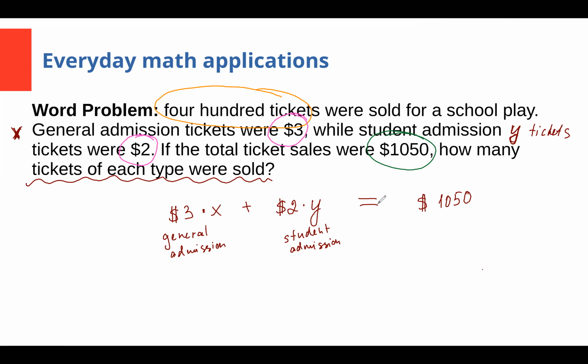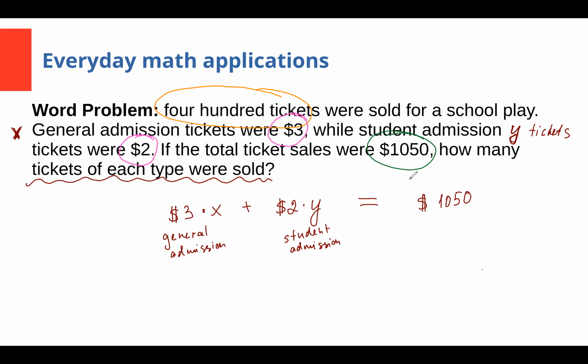It seems like a very easy beginning here. So $3 multiplied by the general admission tickets, how many of them, and $2 multiplied by the student admission tickets, how many of them, and adding them up. So how much money did they receive? And we know that they received 1,050.